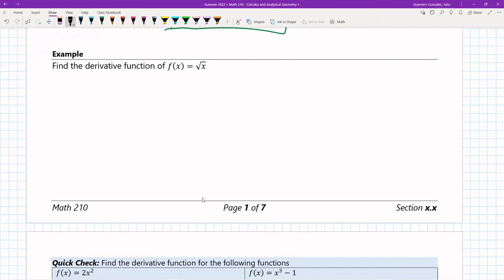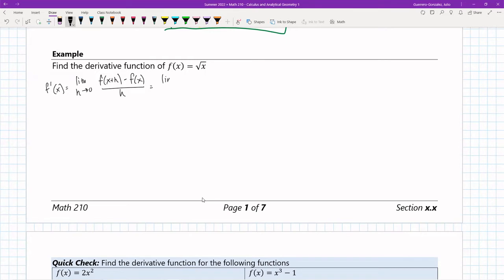So in order to find the derivative for the square root of x, we're going to do it by the definition. We're trying to find f prime of x, which is the limit as h approaches 0 of f of x plus h minus f of x all over h. So we need to plug it into here.